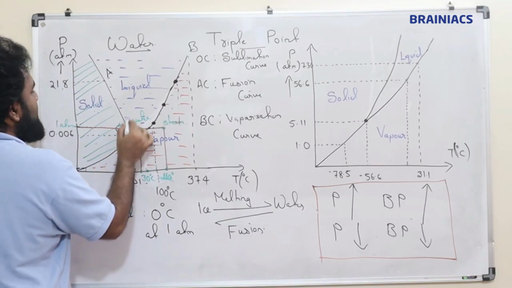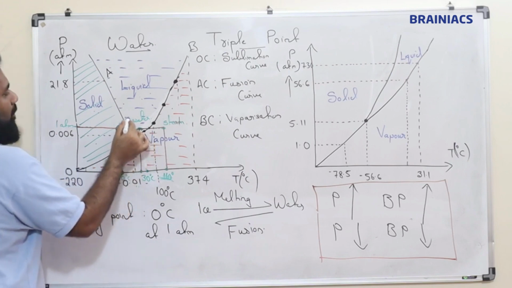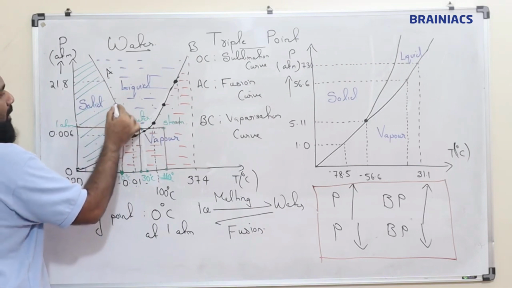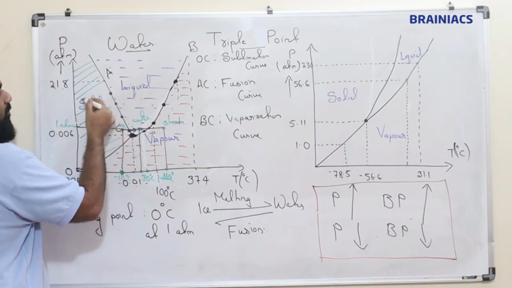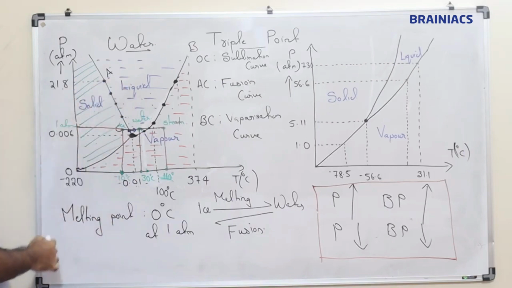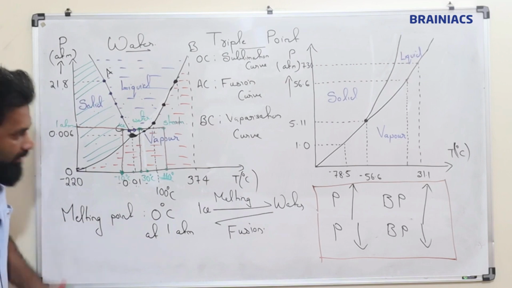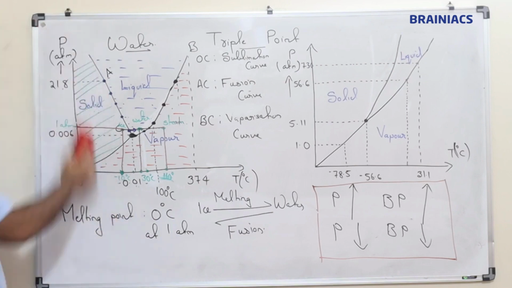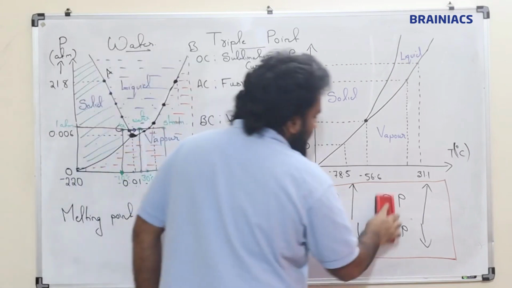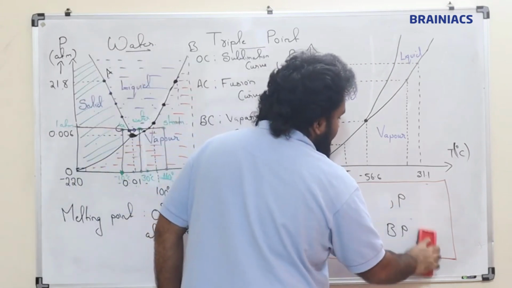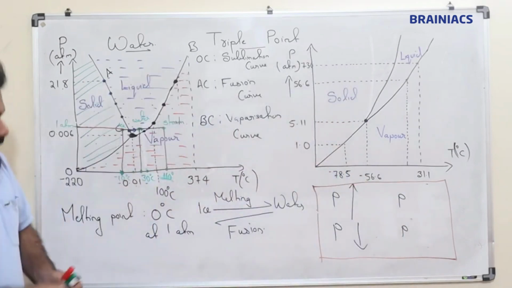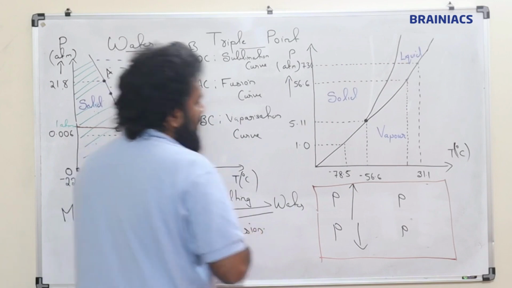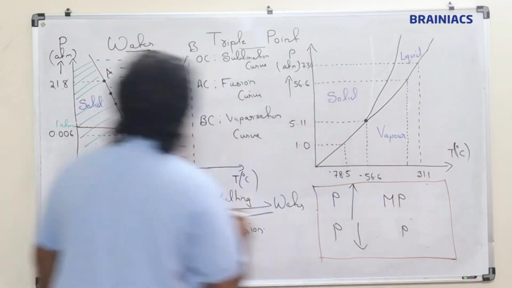Now if I increase the pressure, what happens here? This melting point is shifting leftwards. When I increase the pressure, melting point is shifting leftwards. So when pressure increases, what is happening to melting point? The melting point is decreasing.